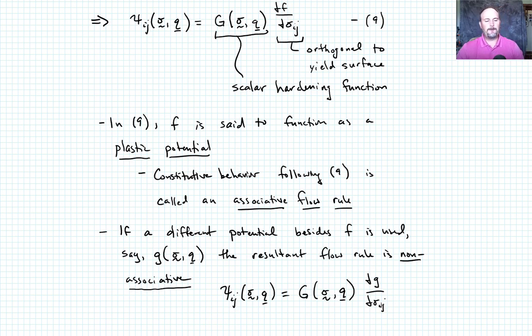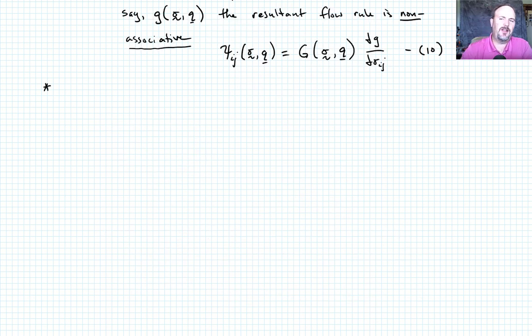We can call that equation 10 if you like. I know this is kind of theoretical right now. One thing I'll mention is that we're not trying to compute the scalar hardening function, and we're not trying to compute the yield function. We are assuming that those are given and characterized from experiments. So we're just using those in our formulation to determine how plastic strain evolves under some load scenario.